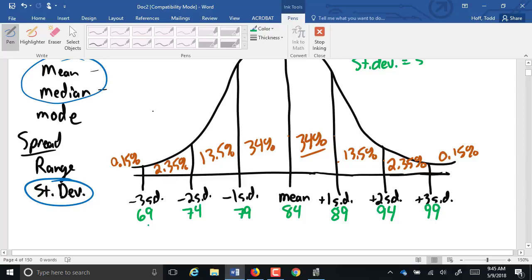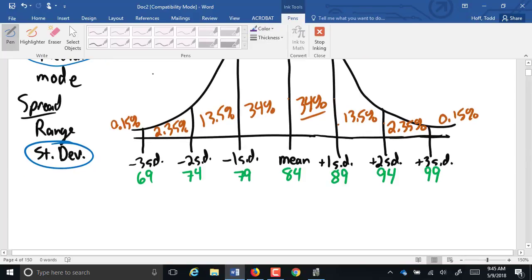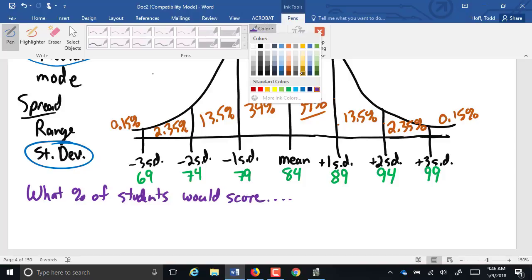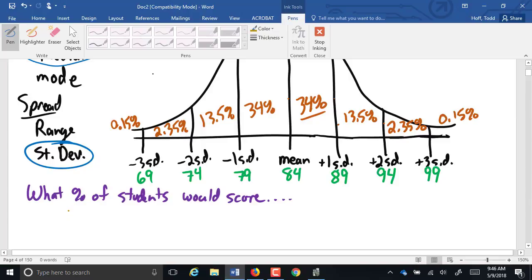Well, what does that mean? Well, it means if I ask what percent of students would score less than 79.